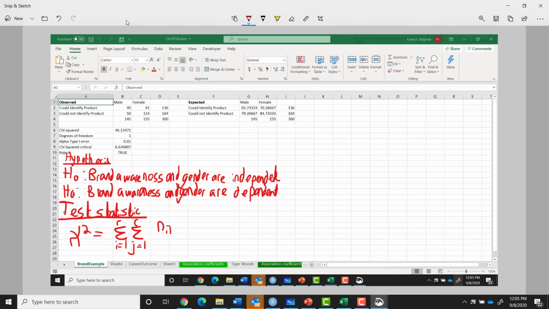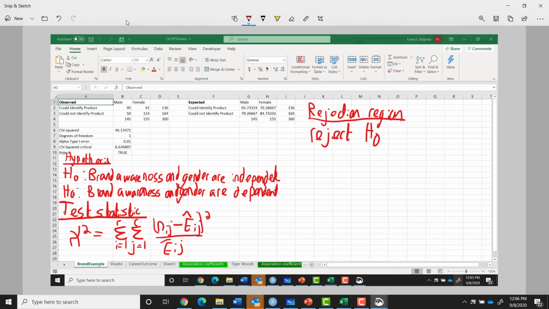It's the number observed in that cell minus the expected value of ij, squared, all over the expected value of ij. And I'll reject H0 if chi-squared is greater than the critical chi-squared value.